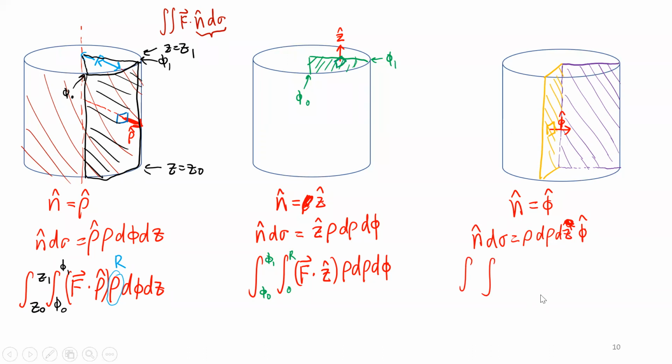Again, if you do the double integral, this time you are taking the dot product between your field F and the phi hat.